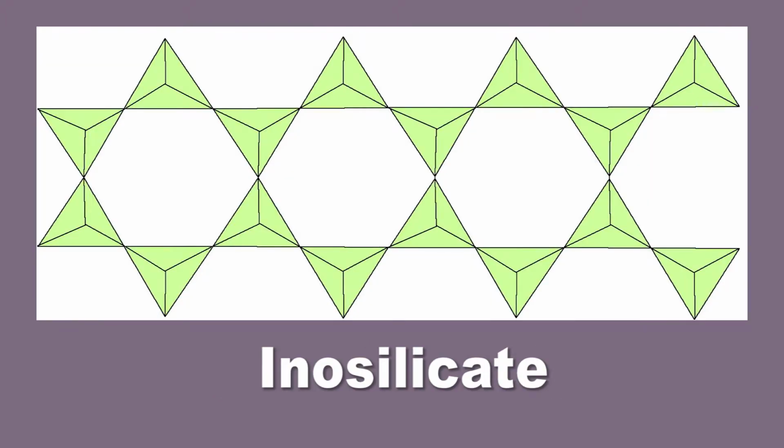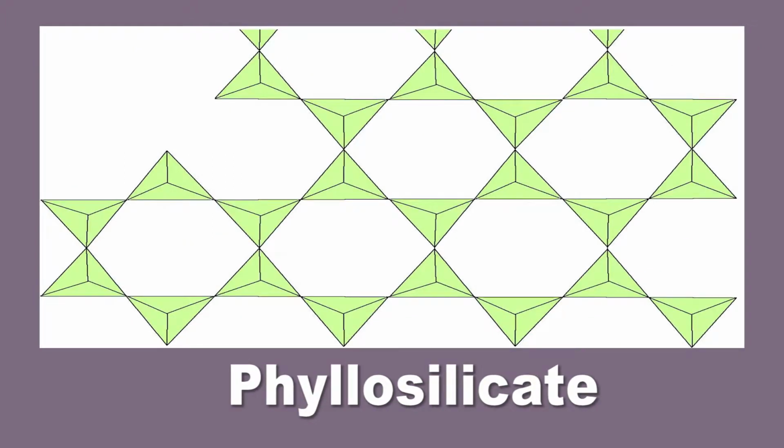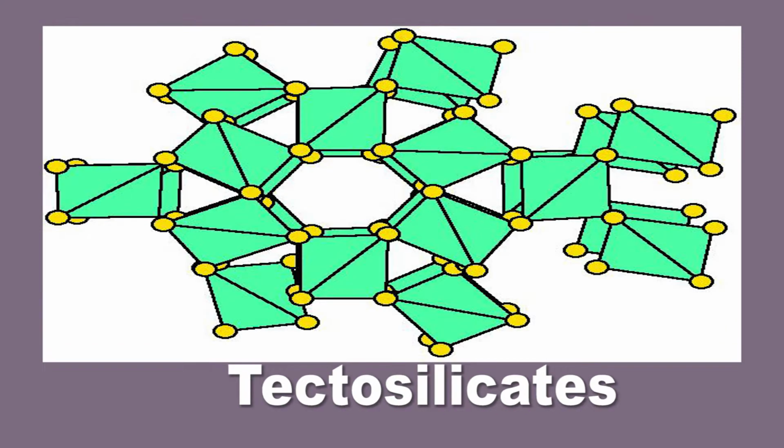Inosilicates show a single chain structure wherein each tetrahedron shares 2 oxygen atoms. Phyllosilicates have a sheet structure in which each tetrahedron shares 1 oxygen atom with each of 3 other tetrahedrons.